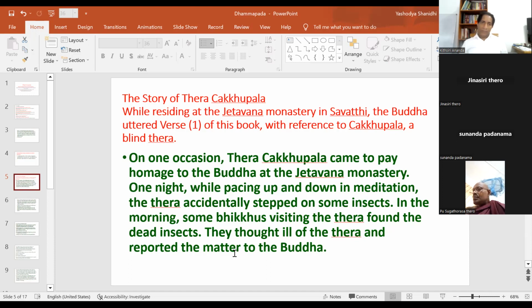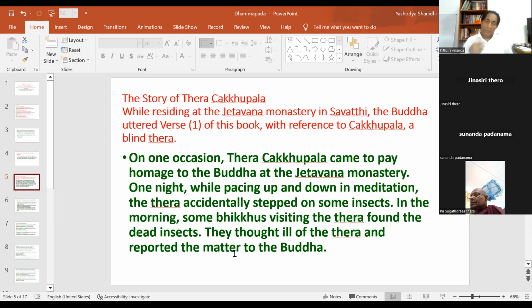He did some walking. Maybe it was a rainy day. There were a lot of kind creatures on the floor. The Thera stepped on tiny creatures, which caused their death. And this was noticed by the other monks, and they complained to the Buddha.